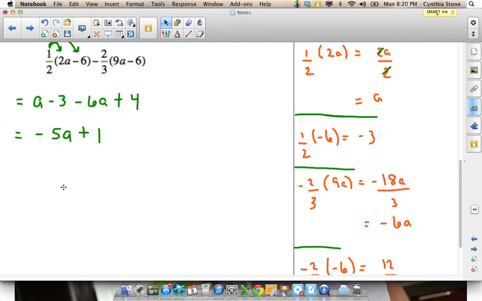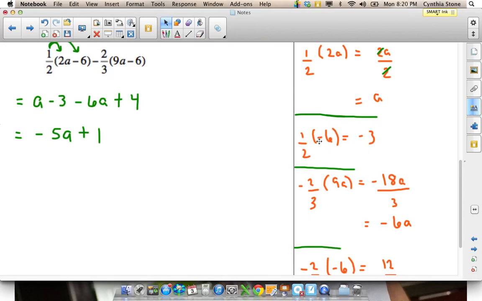Anyway, I probably could have written an extra line in there. A minus 6a, right? So I could have grouped, and I didn't group in this case. And when you're solving your questions, you don't have to. But I'll write the line I'm missing. I'd be thrilled if you did this and then this, okay? And you wouldn't even have to show me this. I would know where you got it all, right?